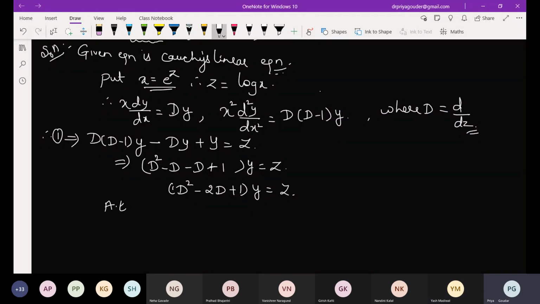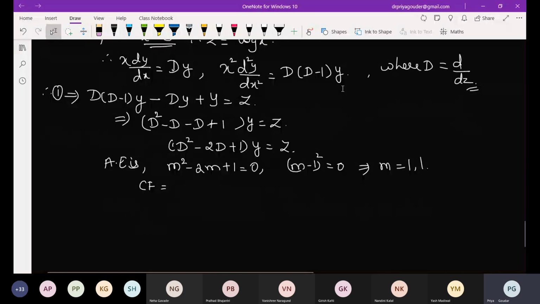The auxiliary equation. The auxiliary equation is m square minus 2m plus 1. Very good. Now tell me the roots. I think this is m minus 1 the whole square. Or else check in the calculator. What are the roots? Is it 1 and 1?